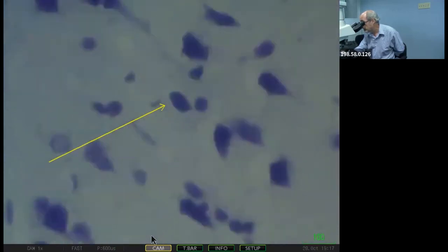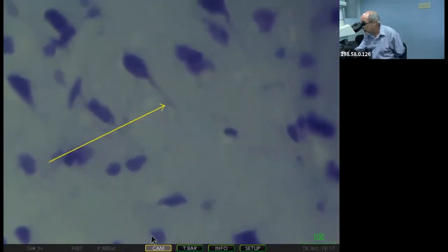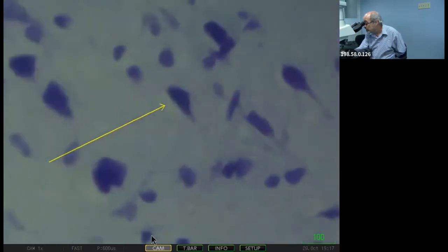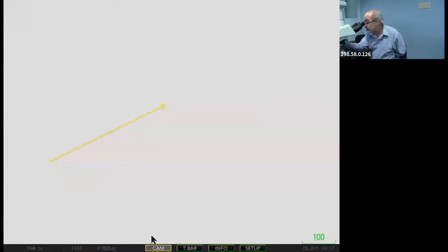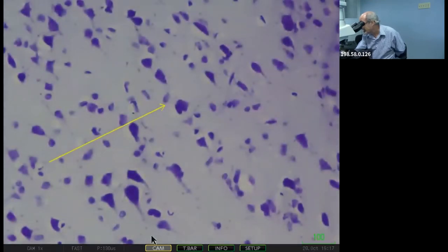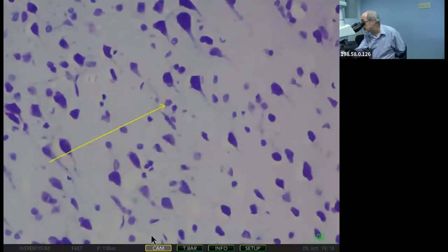here at this level, and you have more pyramidal cells. So remember that the pyramidal cells again are the ones responsible for the execution of the movement, at least the ones which are in this area.